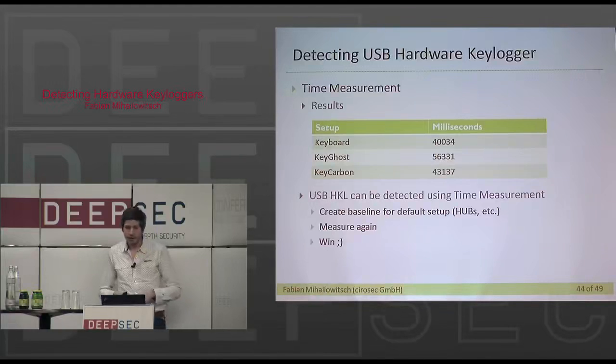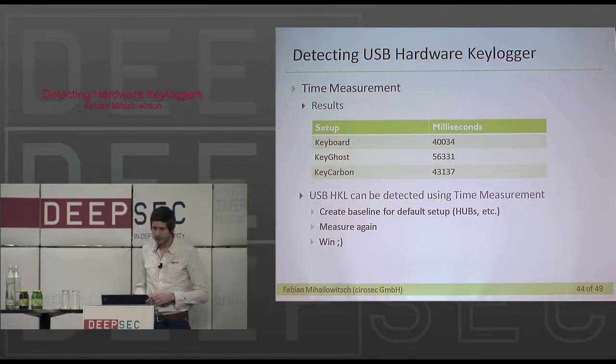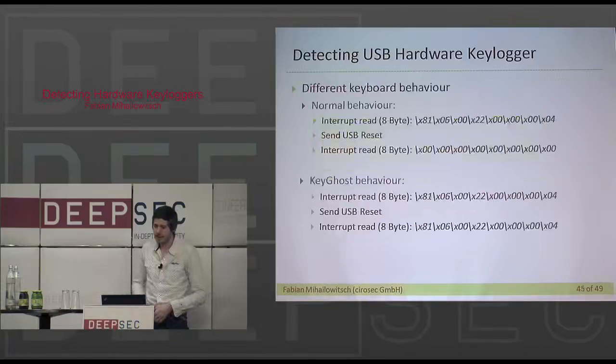So we can detect USB-based hardware keyloggers using time measurement too. Basically, we have to create a baseline. In that, we have to consider whether we plugged in hubs and so on, because if we introduced hubs in our topology later on, the timing would increase too, and we would have false positives. And then we can measure again at a certain moment and detect it.